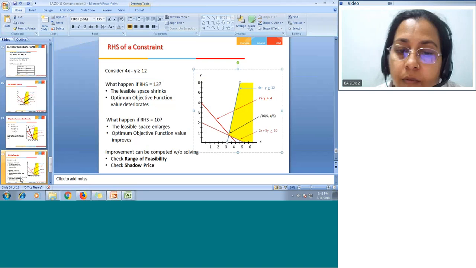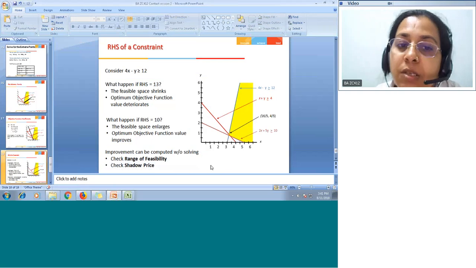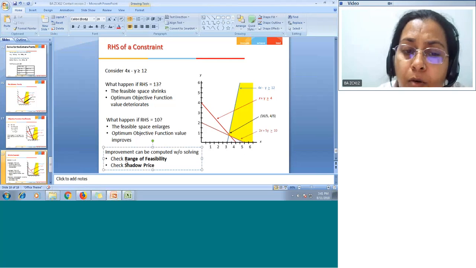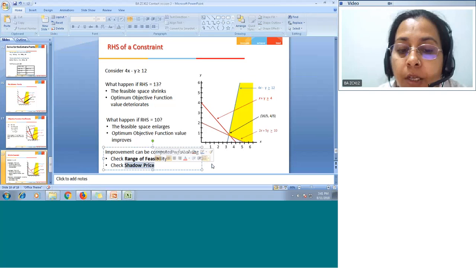So here we have to compute two things for sensitivity analysis: range of feasibility and shadow price. Range of feasibility is the range over which we can change the RHS values and still get the same kind of solution. And what is the shadow price?